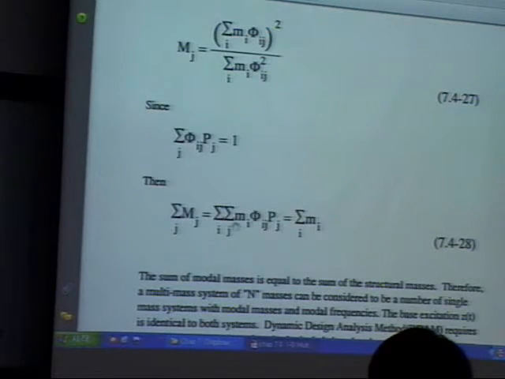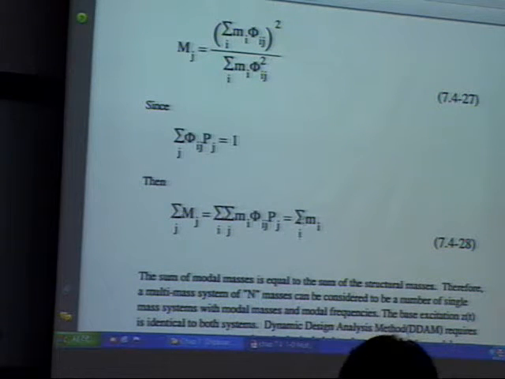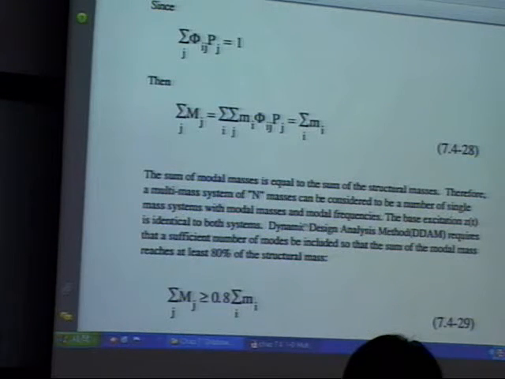If you put that in, you have that expression. Then you can reset it as a summation with respect to the degree of freedom, which means the summation of all modal mass is equal to the summation of physical mass. In common sense, it should be. The summation of all the modal mass has to be equal to the summation of physical mass.